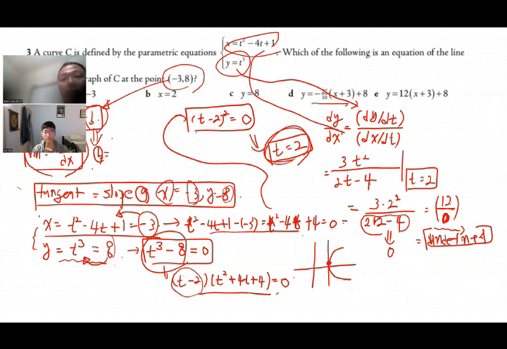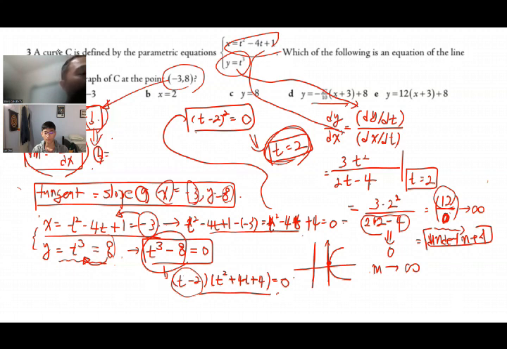If the slope is undefined, that means your slope goes to infinity, because you divide a finite number by zero, and that number goes to infinity. That means the tangent line is vertically aligned. So from that, the tangent line is vertical, meaning its slope is undefined.